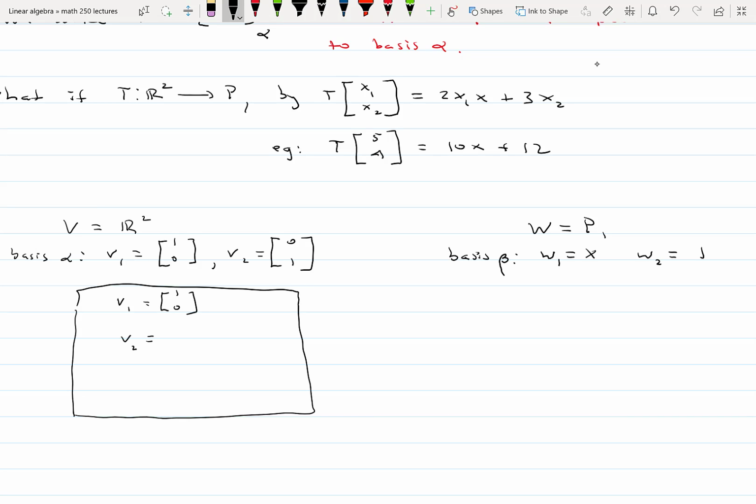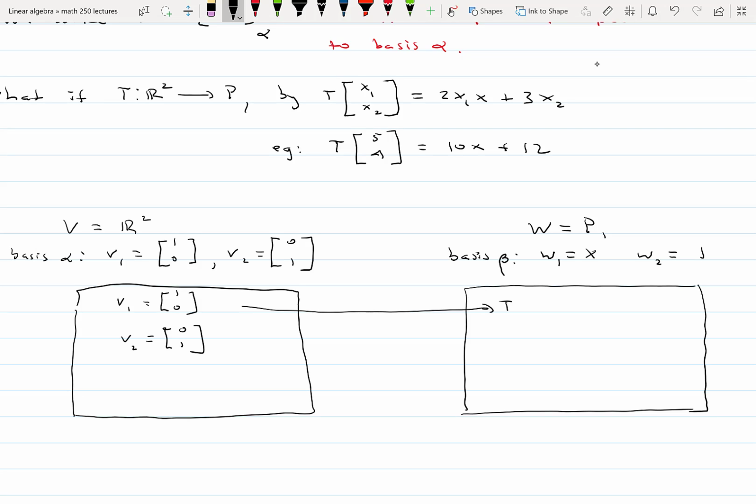V2 is the vector (0, 1). And I want to check out the action on the vectors V1 and V2. So I want to find T of V1 and T of V2.